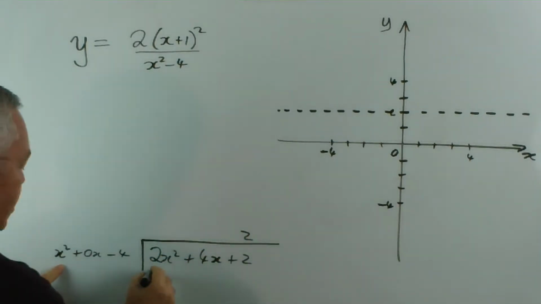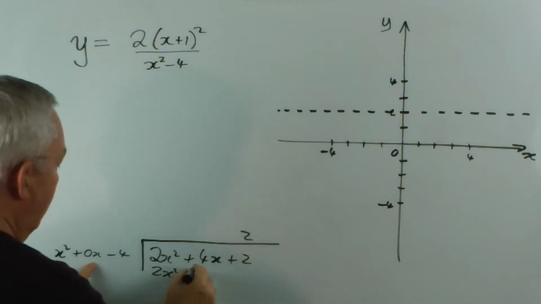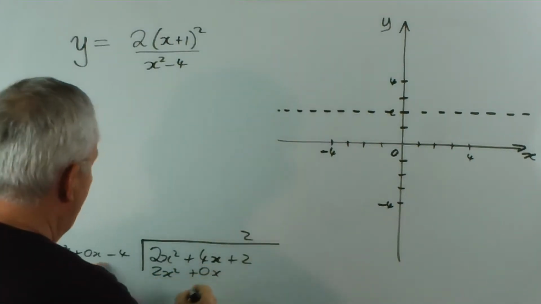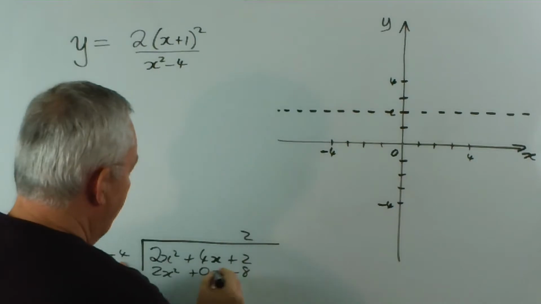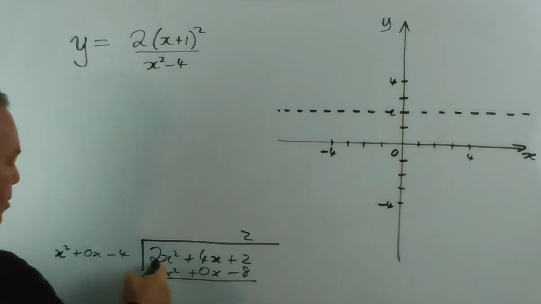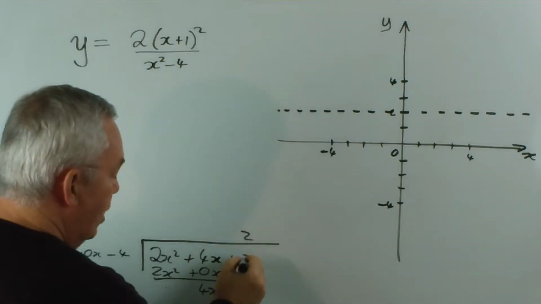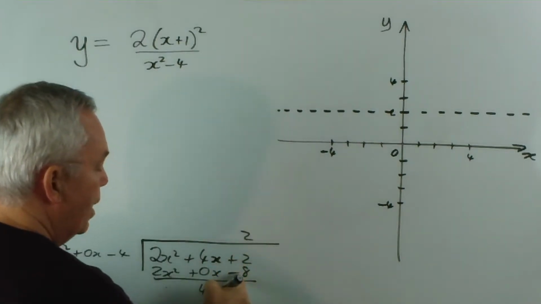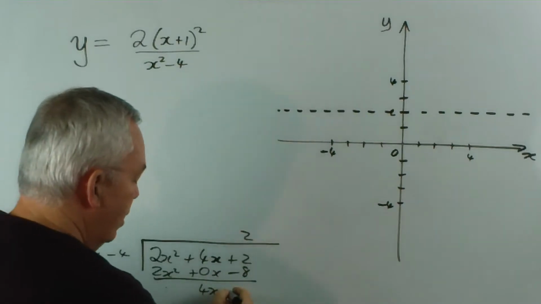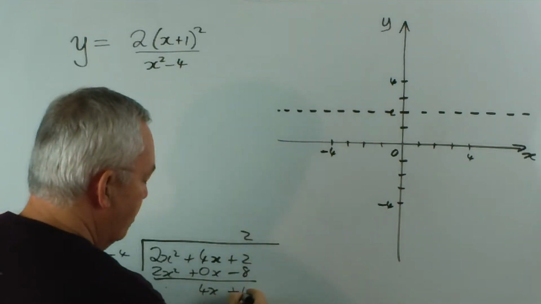So let's double this: 2x squared, twice 0 is 0, and twice negative 4 is negative 8. Subtracting, that minus that is 0. This minus this is 4x. And this minus this, 2 minus negative 8 is 2 plus 8, which is 10.